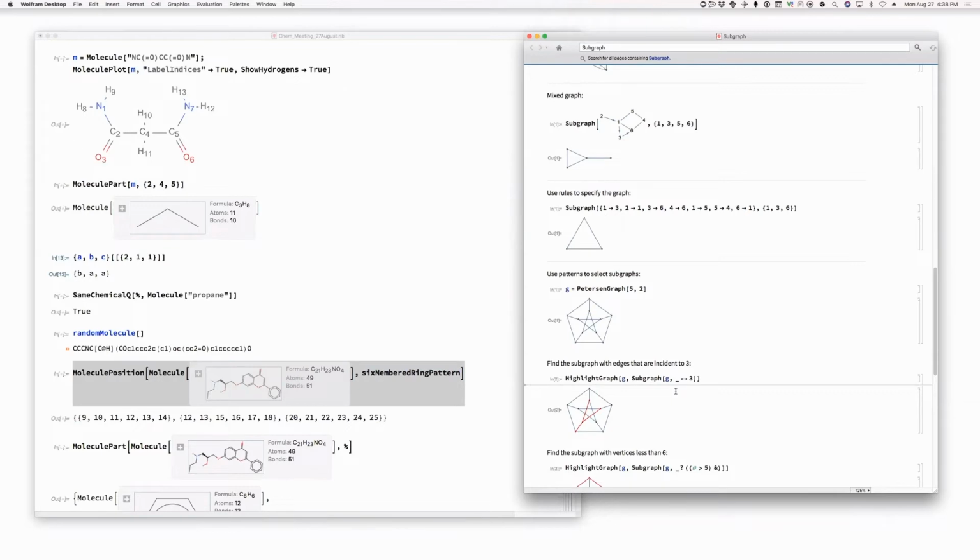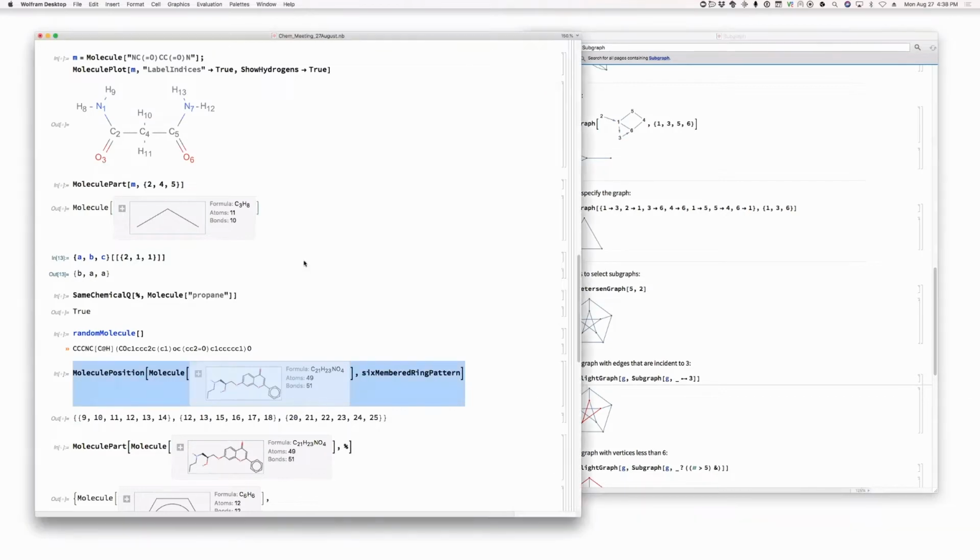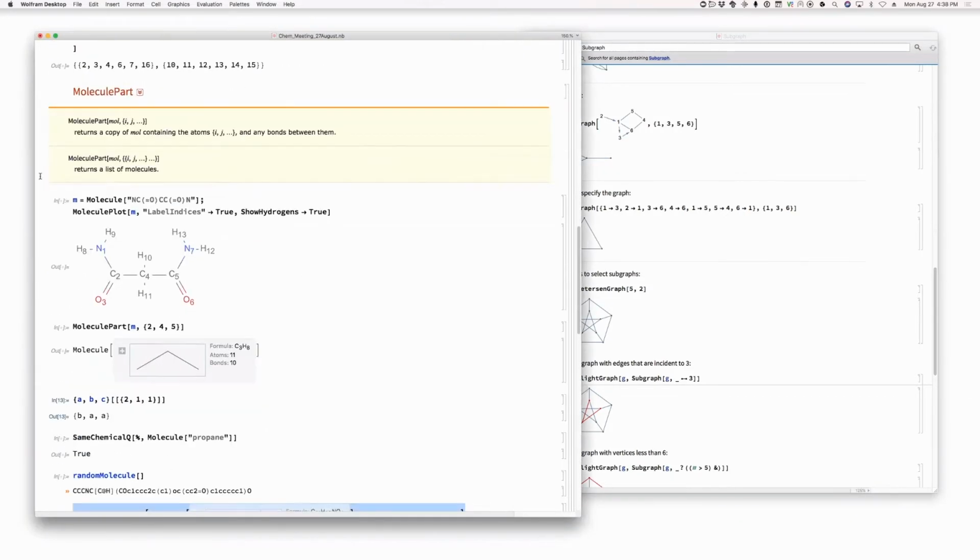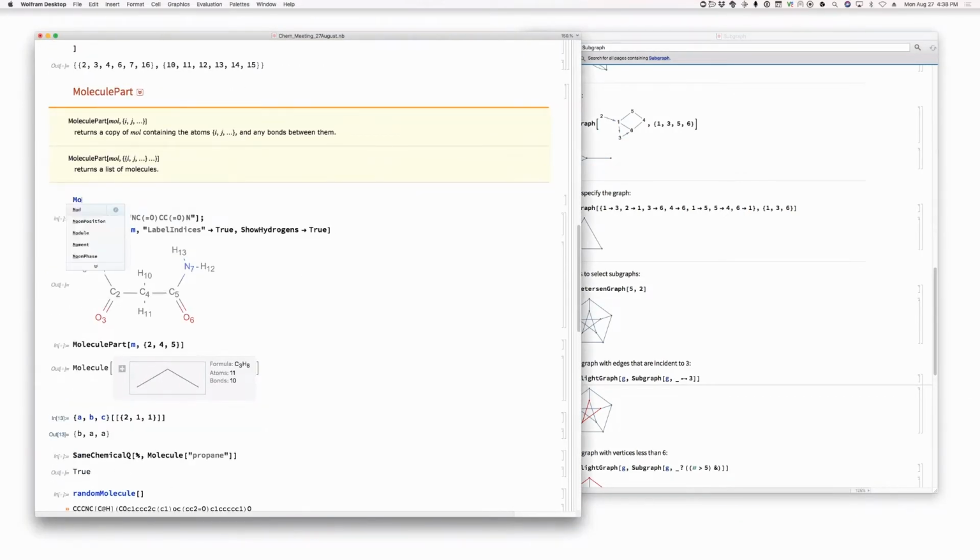Okay, all right. So what you're saying is, what would happen if instead of calling it molecule part, one called it molecule substructure?